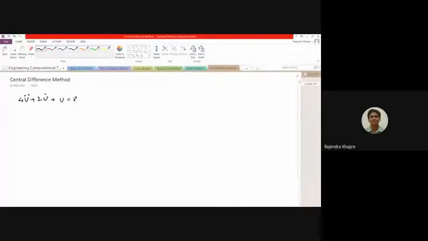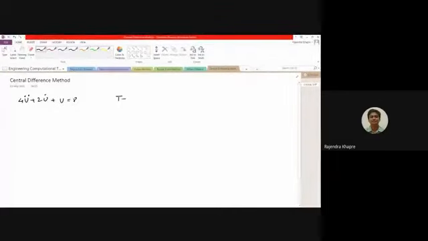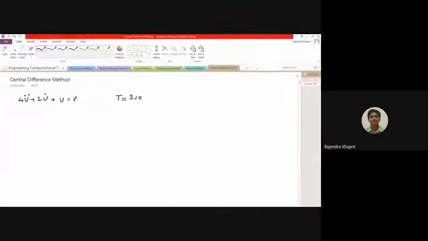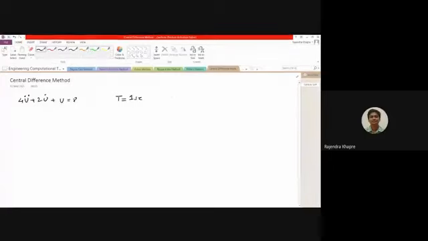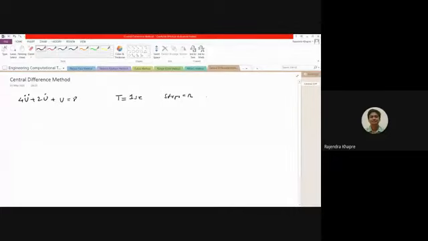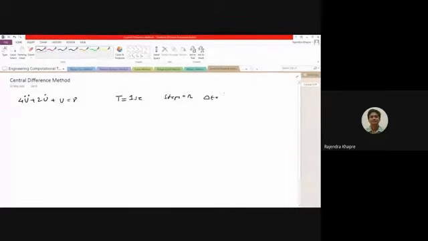Now your capital T, that is the total time duration, is given to you as 1 second, and we have to go for 12 steps, and the delta T is given to you as capital T divided by 5. So this is what is given to you.